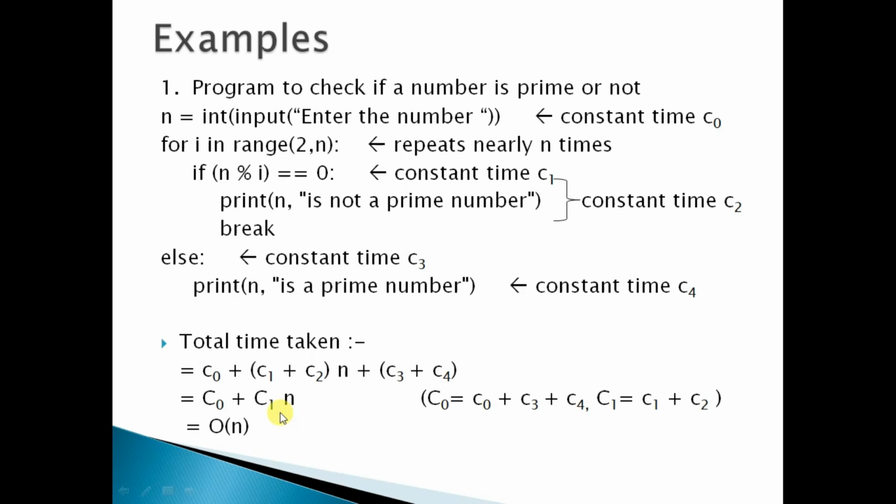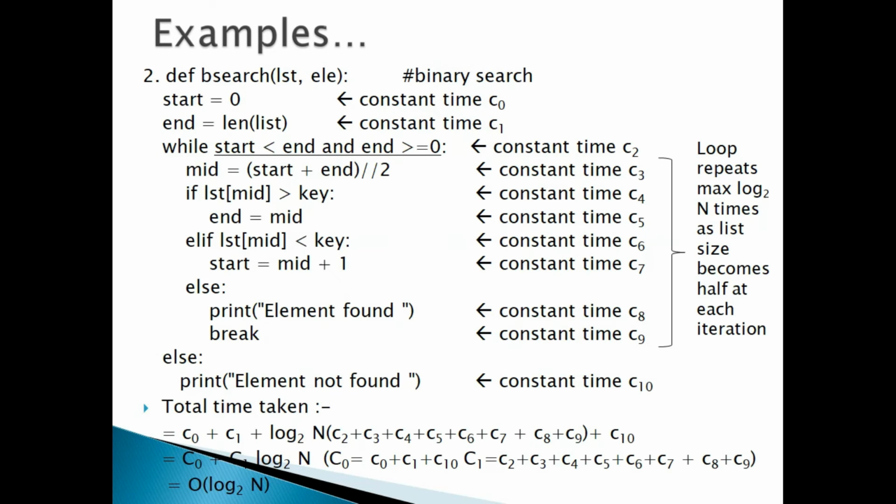So the complexity of this prime algorithm will be order of n, because this is the most dominant term in the expression, and C0 is a constant, so the complexity will depend upon n. So what you will write is that the complexity of the algorithm is O(n). This is the big O notation, order of n. Clear? Good.